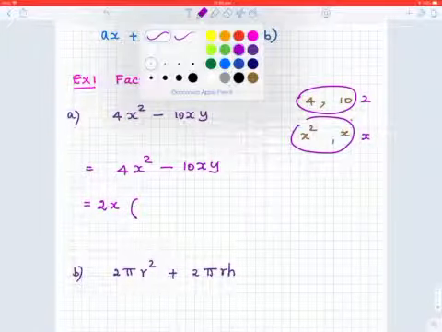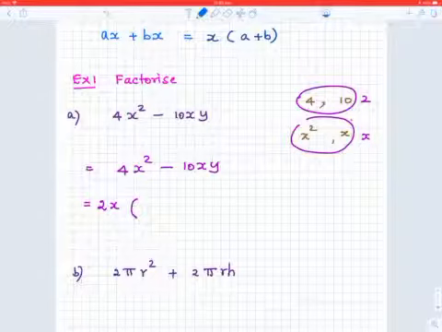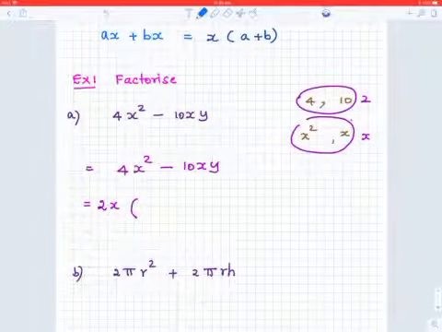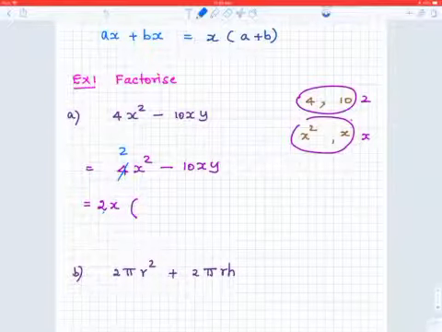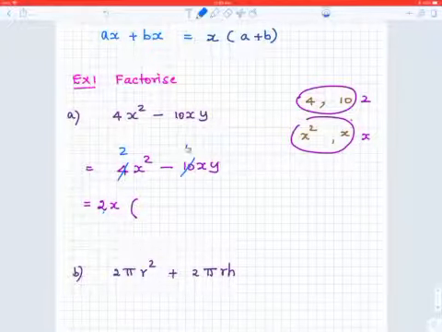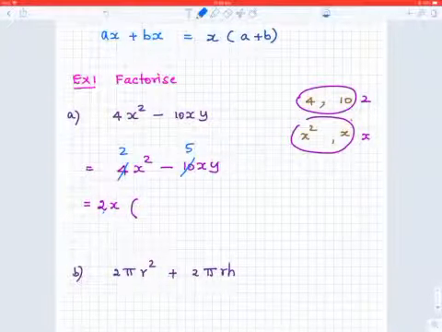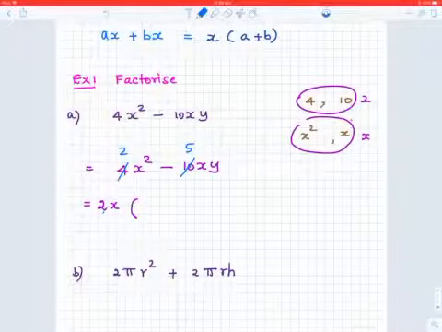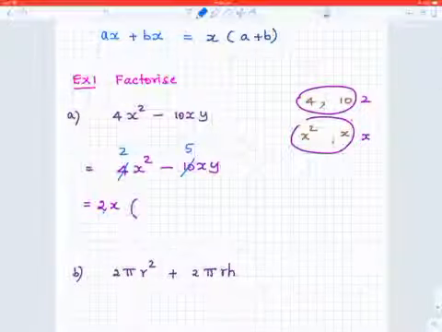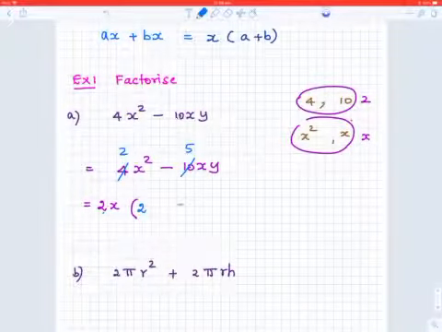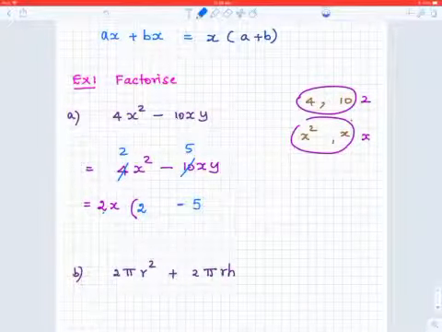Now, 2 goes into 4 twice, and 2 goes into 10 5 times. So I'm going to write 2 here, and then minus 5.